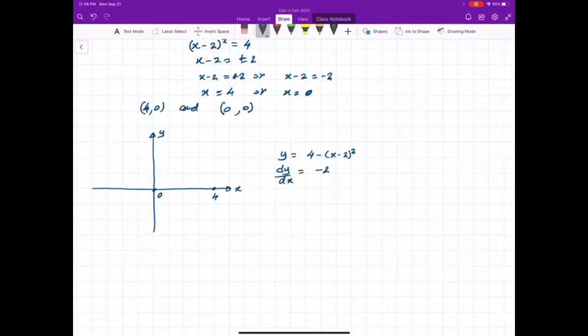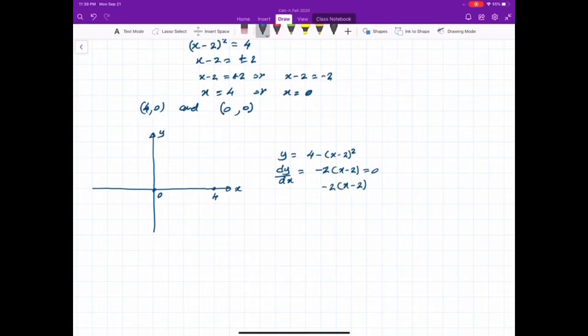So I will get minus 2(x minus 2). So let's set that equal to 0. You have learned this in Calc 1, how to find the maximum point of a function. You just get the derivative, set it to 0, and then solve.